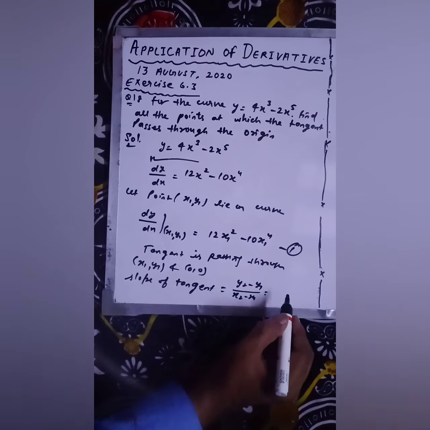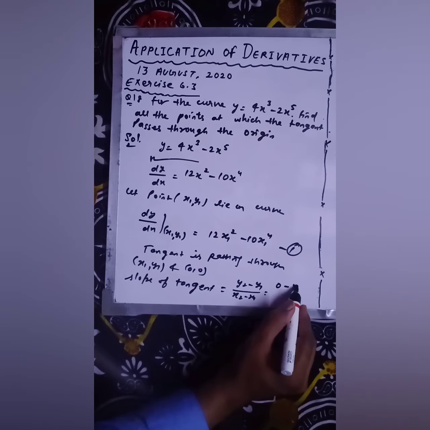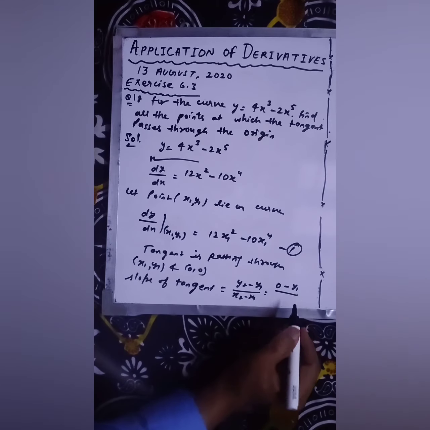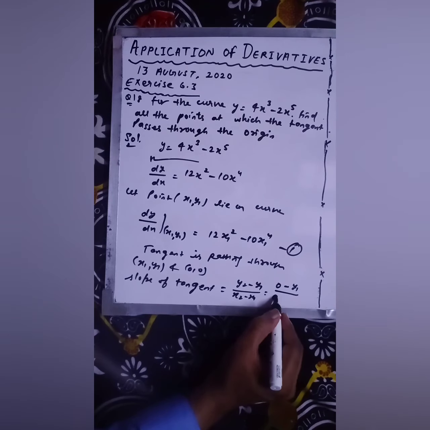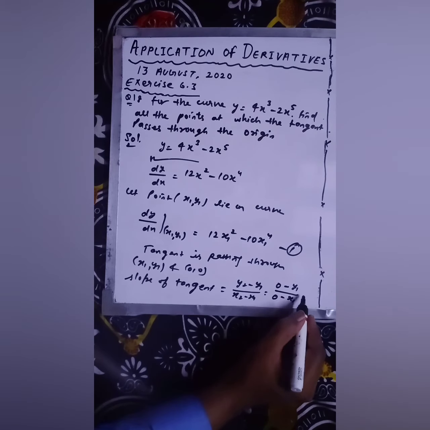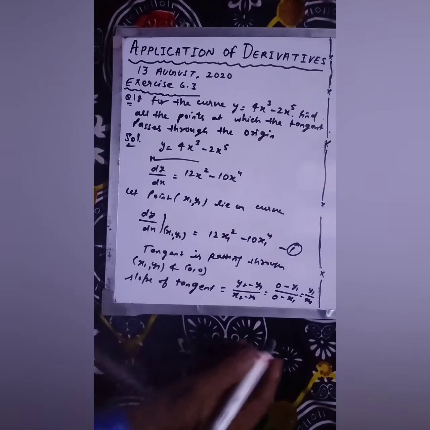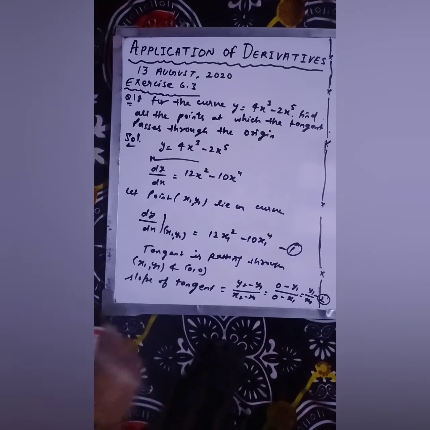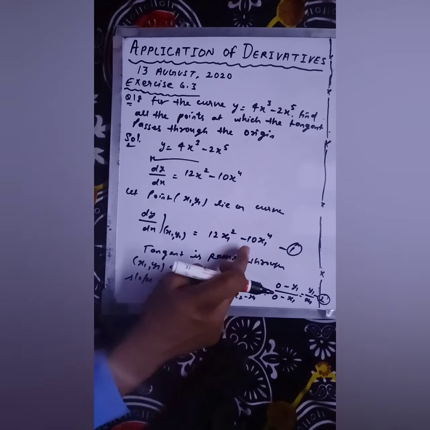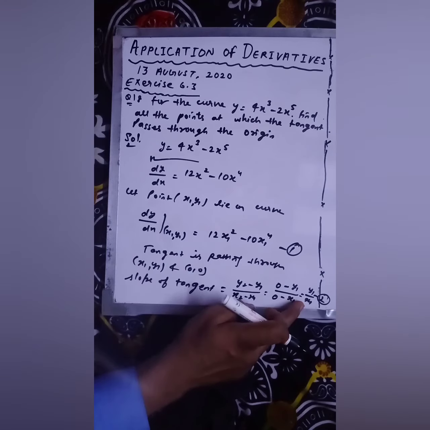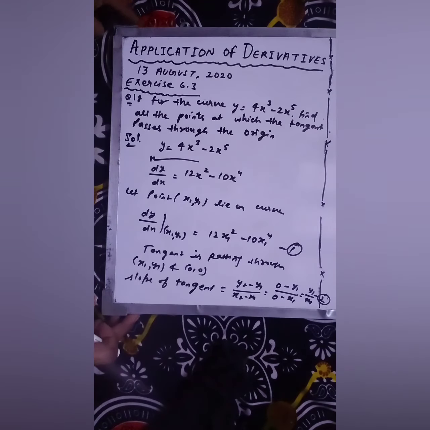Your y2 is 0, y1 is y1, over 0 minus x1. So you will get y1 upon x1. So this is your equation number 2. Got it? So both are the equation of slope. So from 1 and 2 you have to put this equal to this one. Fine. So I'm solving on the next page.